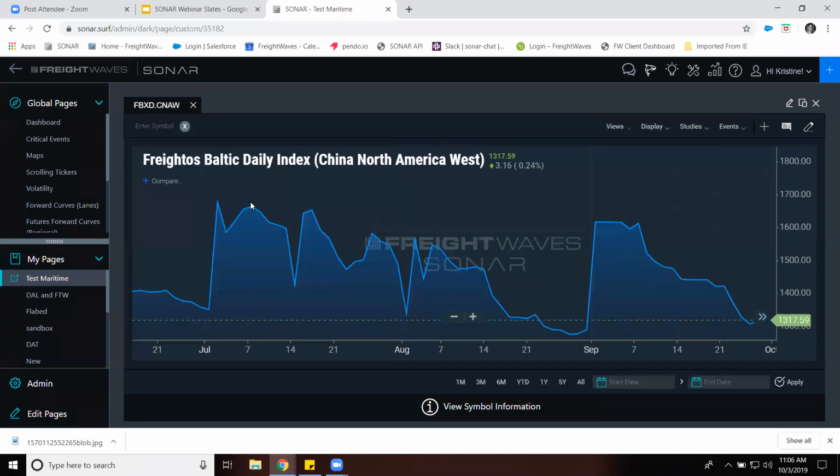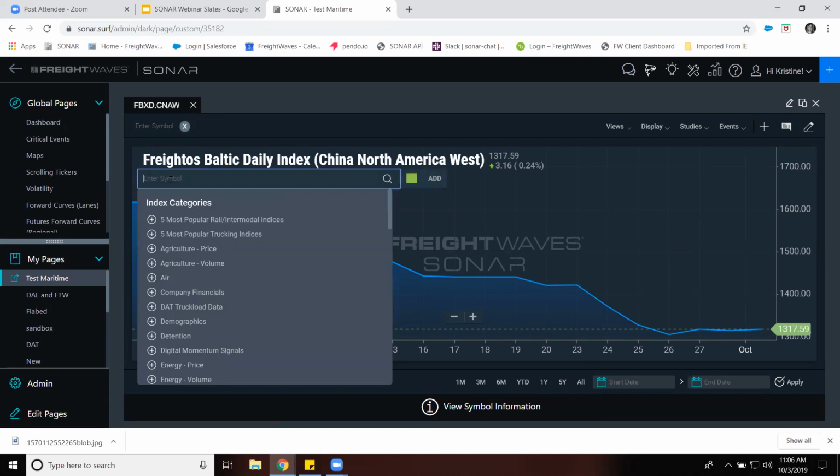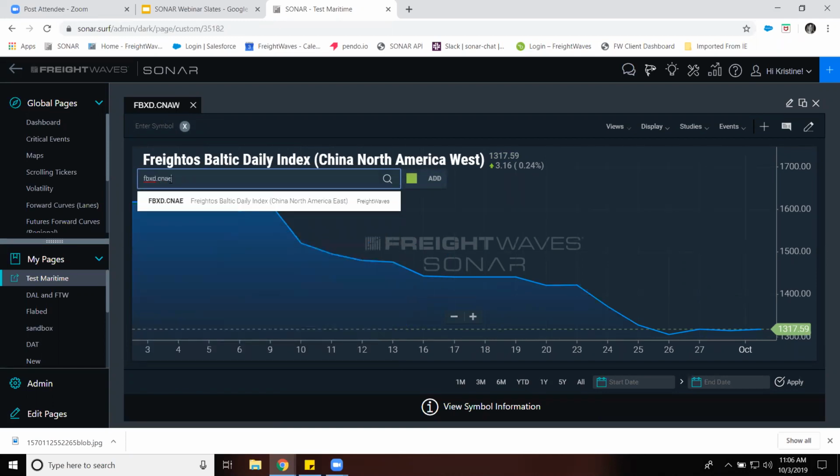So I'm going to click on CNAW. So FBXD.CNAW if you're just typing it in. And let's go ahead and click compare. And we're going to type in FBXD.CNAE. So this is looking at China, North American West Coast versus the rate, the ocean rate for port to port move for a 40-foot container in US dollars, comparing West Coast to East Coast.